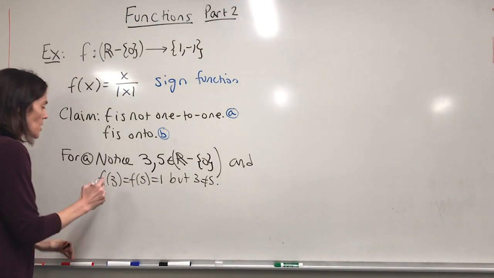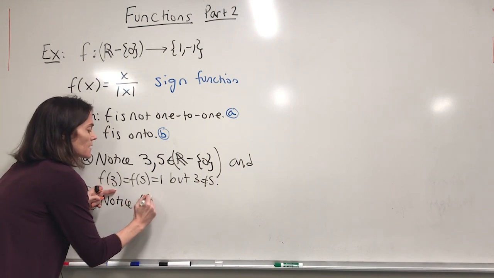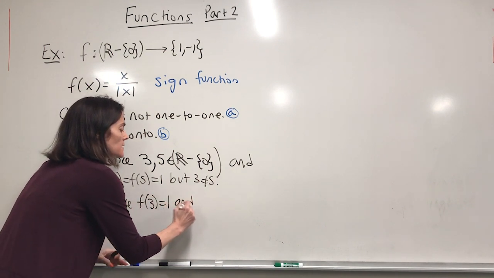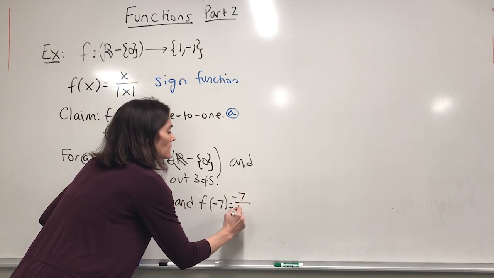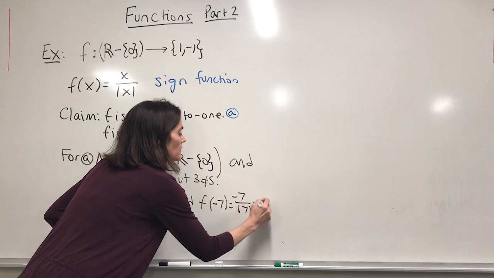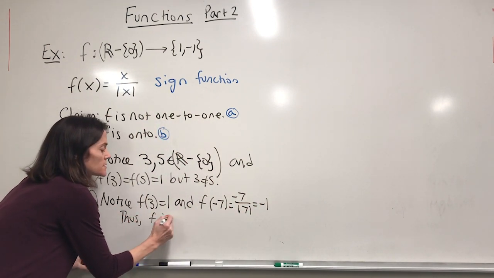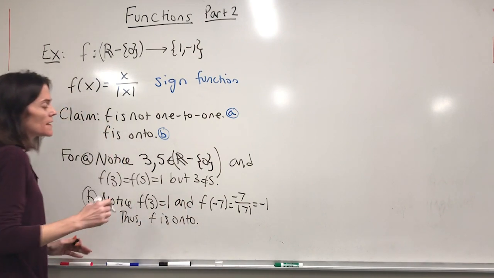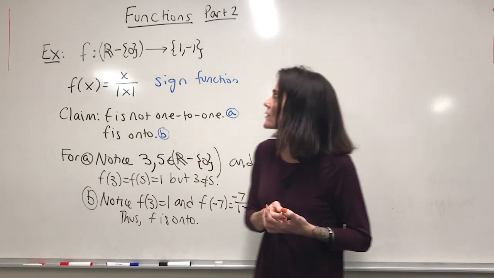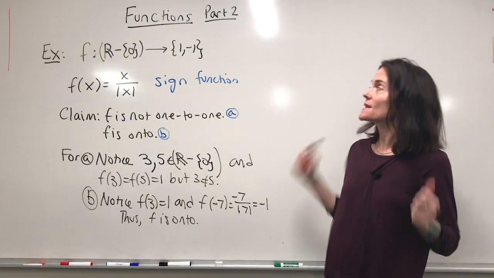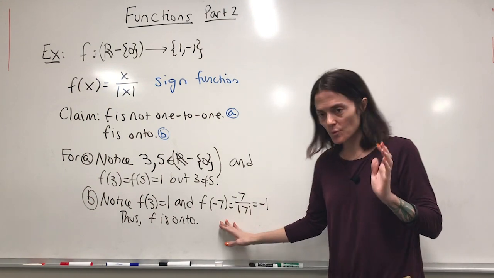So to prove that it's onto, we have f of 3 equals 1, and f of, let's say, minus 7 equals minus 1. Thus, f is onto. Rather than working abstractly, because our codomain only had 2 elements, we just find something that maps to each one. It looks almost like a calculation, but this is a proof that f is onto.